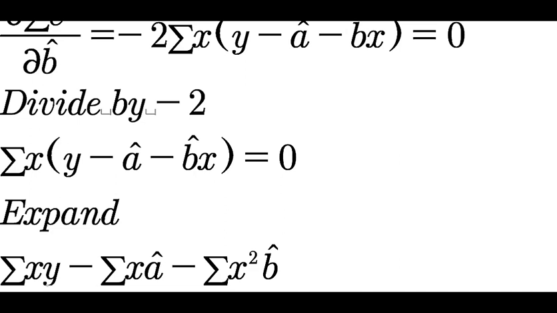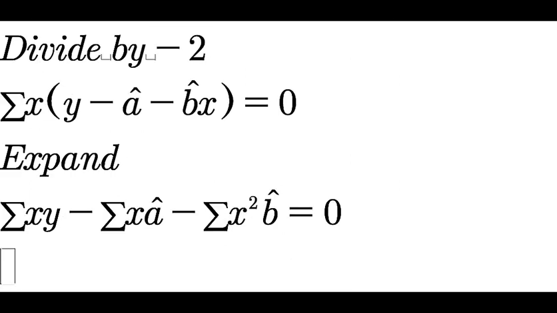So equal to 0. Now let us rearrange this equation. Like we said earlier, b hat and a hat are our unknowns, so let us put that in a standard form, where summation xy is our constant.